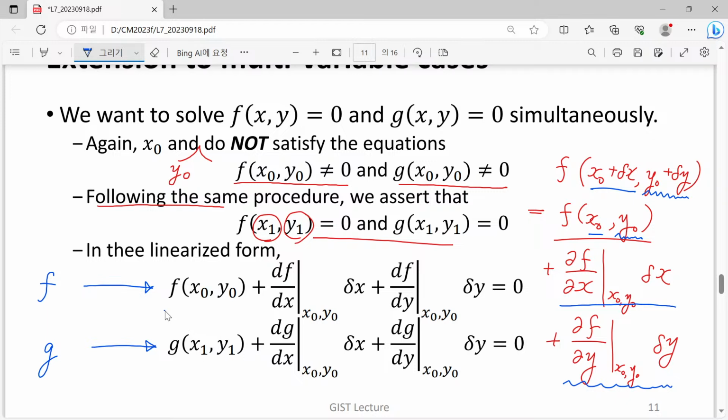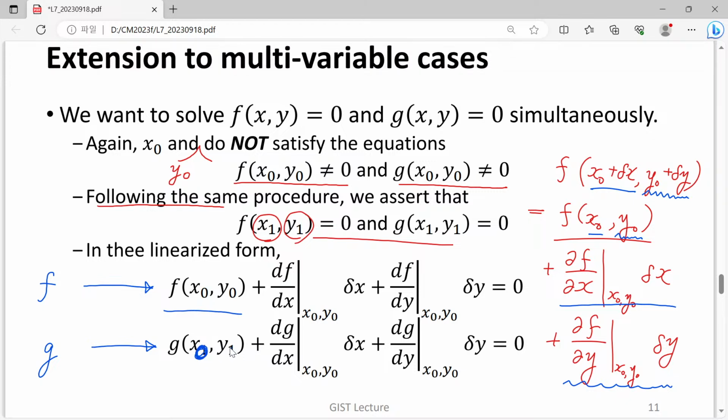Oh, I made another mistake, so sorry about that. Here we have, so sorry about that, I make many typos. And in the linearized form, f is approximated, and also g is approximated.